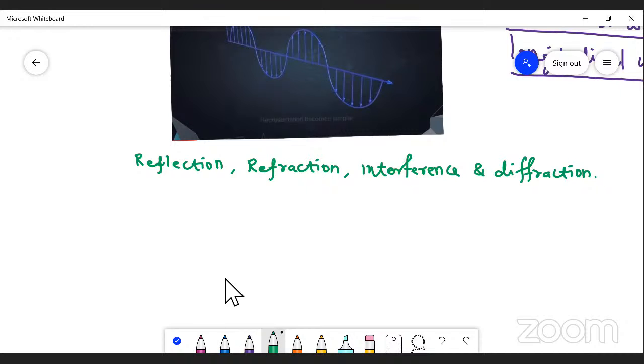Reflection, refraction, interference, and diffraction are what? Phenomena of light. Phenomenon means நிகழ்வு. ஒரு light உடைய நிகழ்வு. எது? Reflection, refraction, interference, and diffraction.